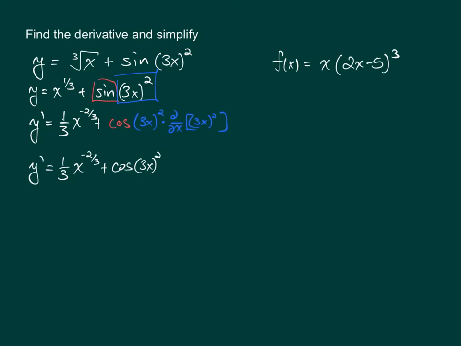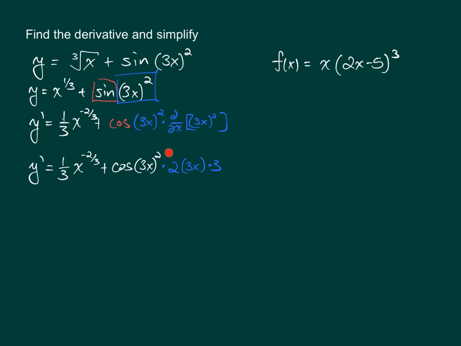The derivative of 3x squared here requires another chain rule. So we will take the derivative of the square to the front, leave the inside alone. So that'll be times 2 times 3x. Then we have to take the derivative of the inside and multiply it out back. So the derivative of 3x is 3.